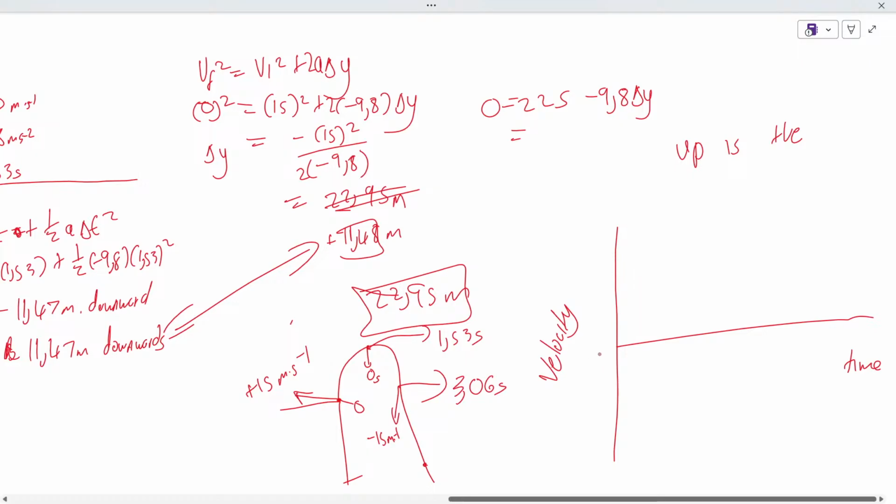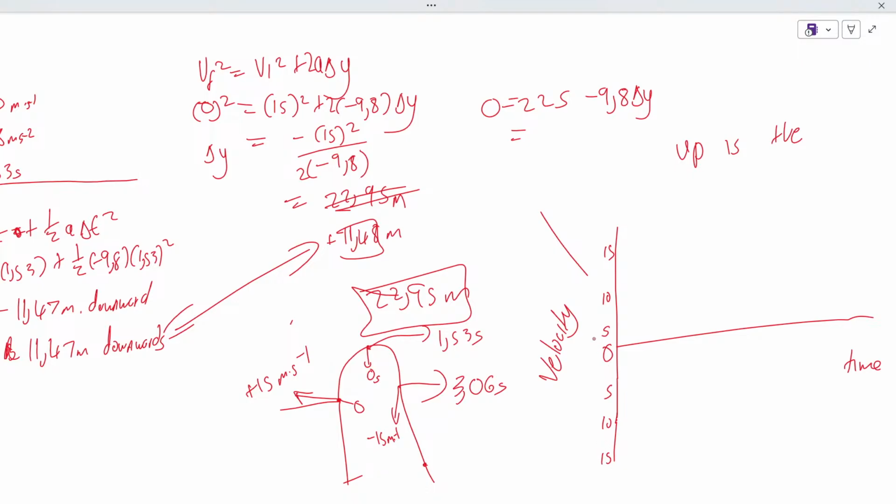So this side we are counting in 5, 10, 15, and this side negative. Here's going to be 0. There is my 0.